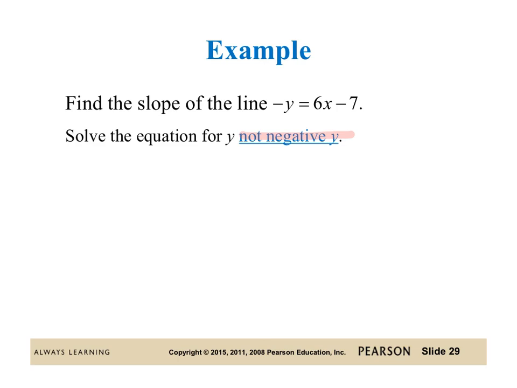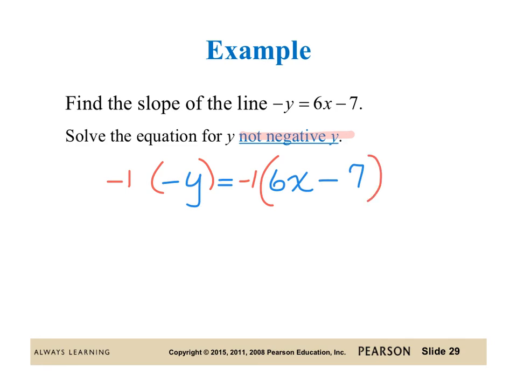So in this case, the equation negative y equals 6x minus 7, I need that to be for positive y. So in order to do that, I'm going to multiply this side by negative 1, which means I also need to multiply everything on the other side by negative 1.